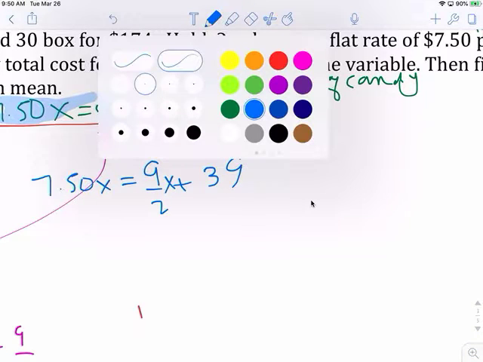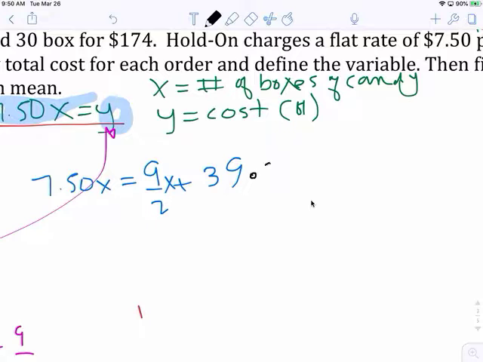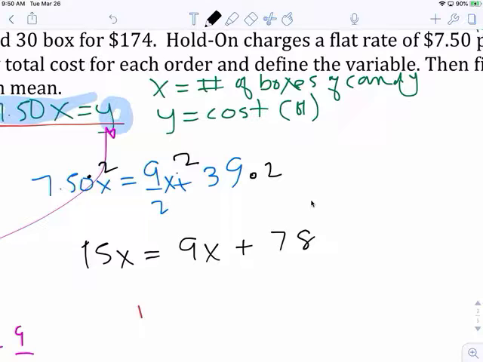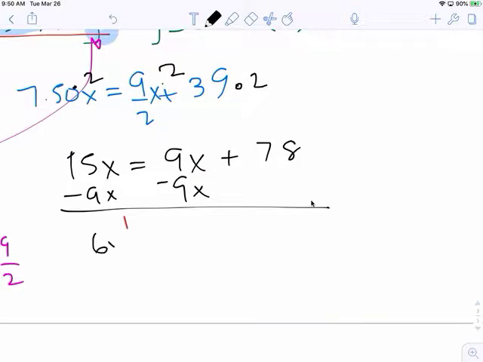Get rid of the 2: 15x equals 9x plus 78. Okay, minus 9x. You get 6x equals 78. X equals 13.